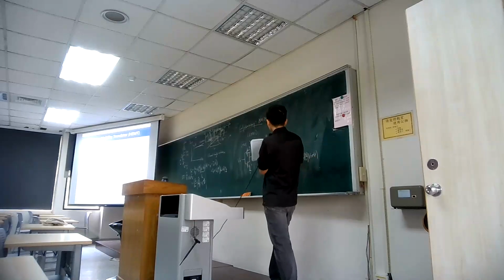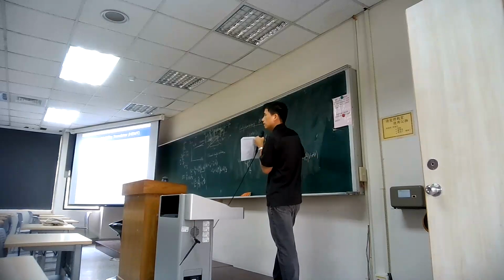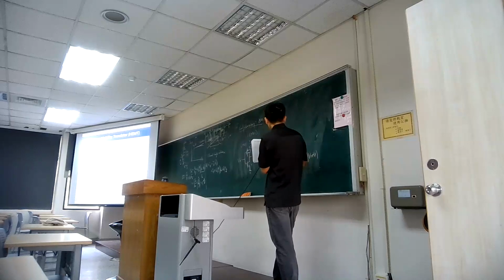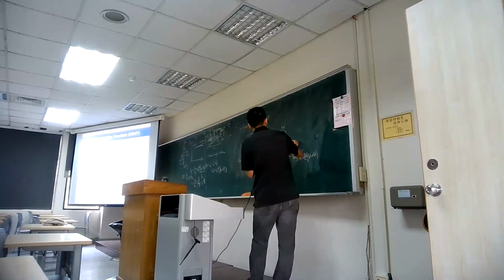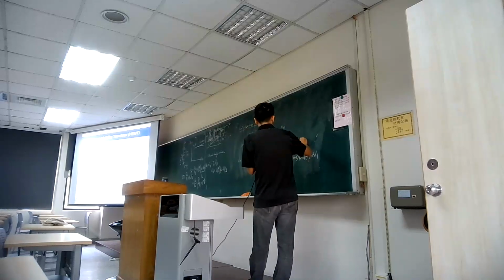What is VGS? VDD. So we apply VDD minus VT. Okay, so here's the current, and then you divide the current by VDS. So R_DS equals 1 over mu_n C_ox W over L, VDD minus VT.